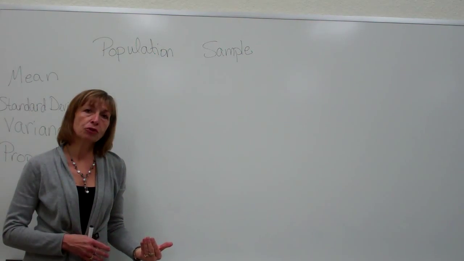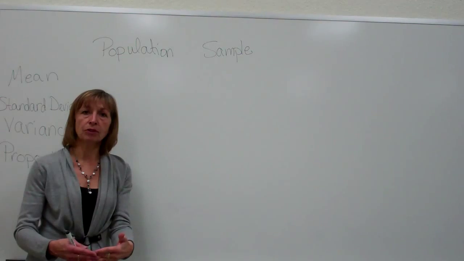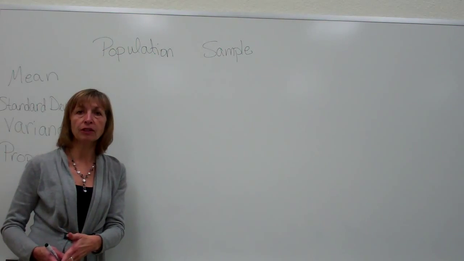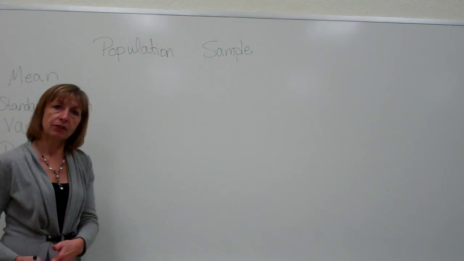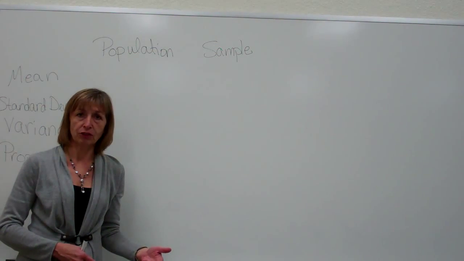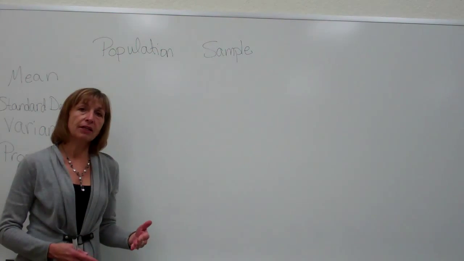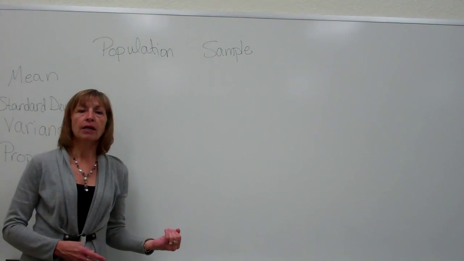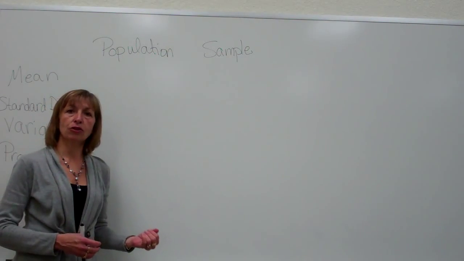Now we want to portray the information to another person about whether we've calculated information about a population or about a sample, so that they know how reliable the information is.